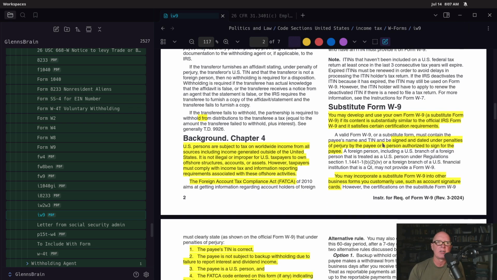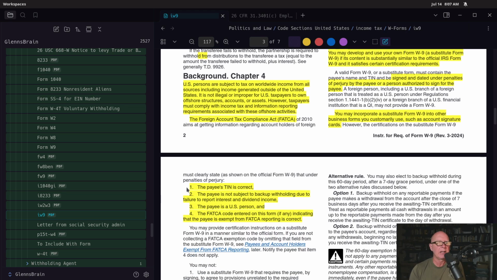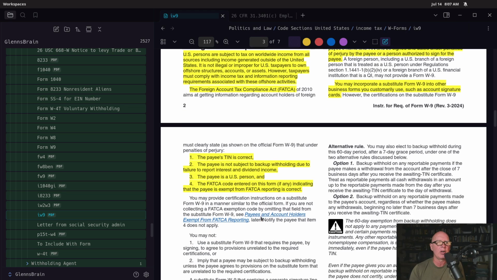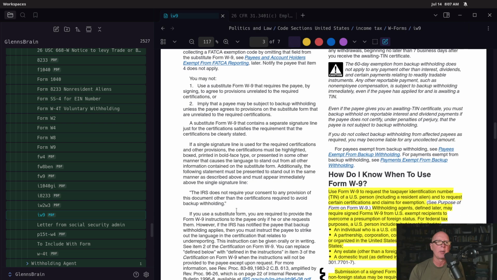And it says it must be signed and dated under penalties of perjury by the payee or person authorized to sign for the payee. You may incorporate a substitute Form W-9 in other business forms you customarily use, such as account signature cards. There's your bank signature card. It gives you the information that's supposed to be on it, and then it gives you some requirements.